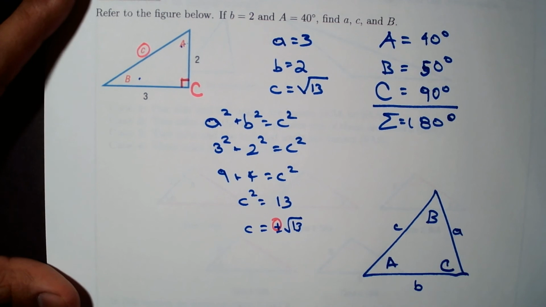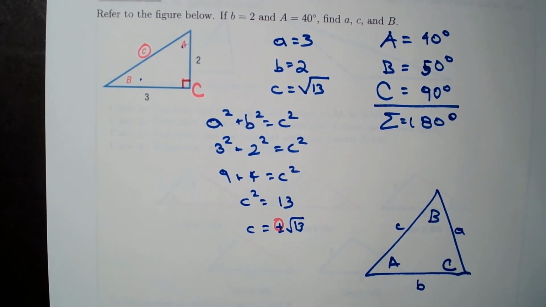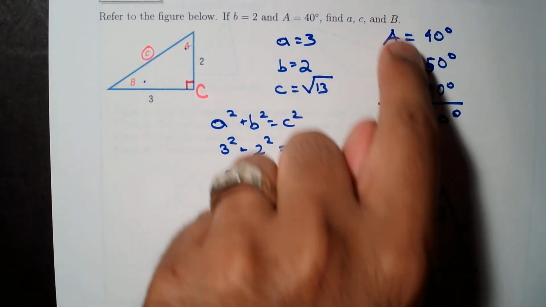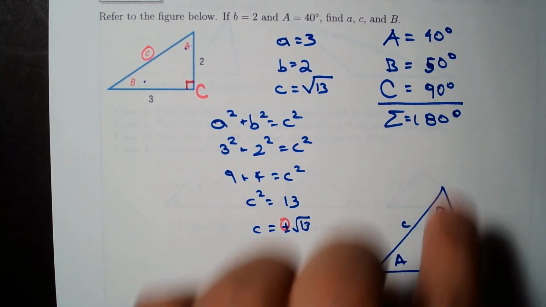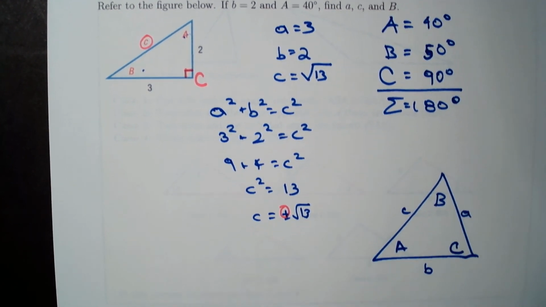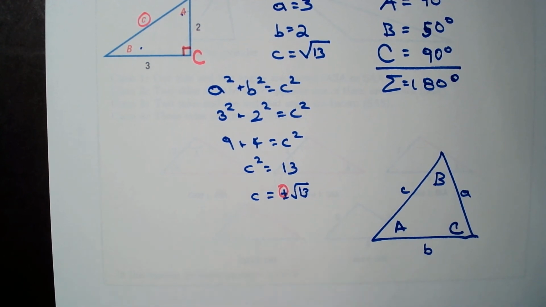In this case, this is not a right triangle, so the Pythagorean theorem and the sum of the interior angles may help at times, but not always. So we're going to use what we call the law of sines and the law of cosines. To get that, make sure to look at the next video.